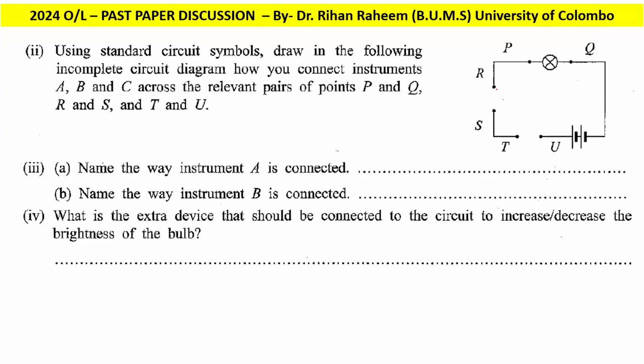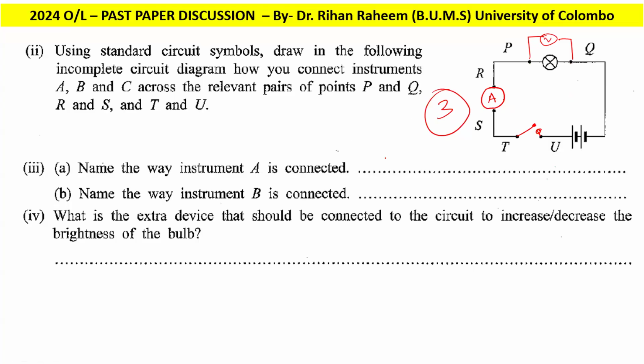Ammeter should always be connected in series. Then we have the switch. And to check the voltage of the bulb, you can connect the voltmeter in parallel like this or this side also, no problem. If the switch and the ammeter are interchanged, no problem, no issues. 3 marks for this.